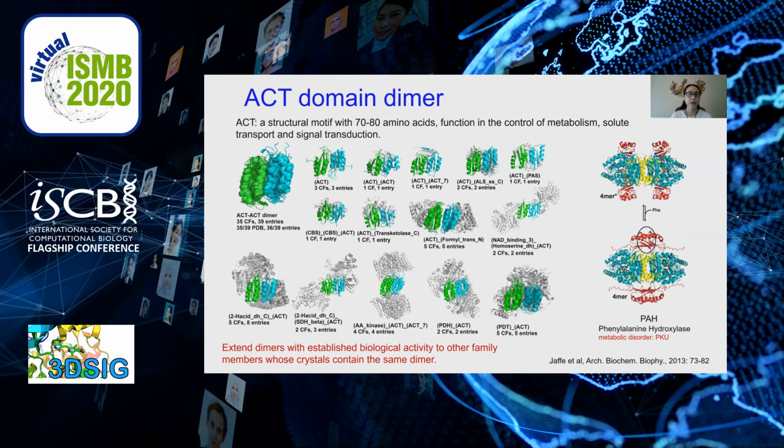One purpose of ProtCID clusters is to extend the dimers with established biological activities to other family members whose crystals contain the same dimer. So our hypothesis is that this ACT dimer can activate other proteins like PAH.